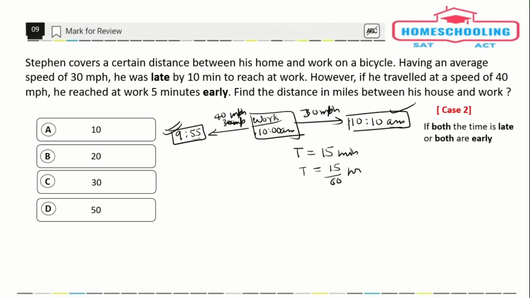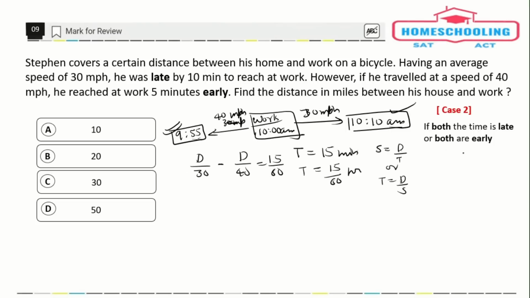Now we can take this equation as speed is equal to distance upon time, so time is equal to distance upon speed. Let's keep the distance as d. First he was traveling at 30, and then later he was traveling at 40, and the time difference was 15 minutes, so 15 by 60.